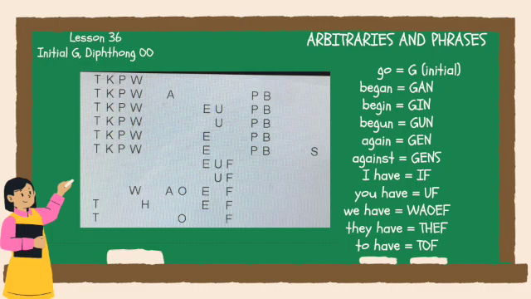That is how these arbitraries and phrases appear when we type it using the steno writer or the machine. Okay, so again, if you want to take a closer look, if you want to be familiar and memorize these strokes, memorize how these arbitraries and phrases are to be written, you can hit the pause button for that.